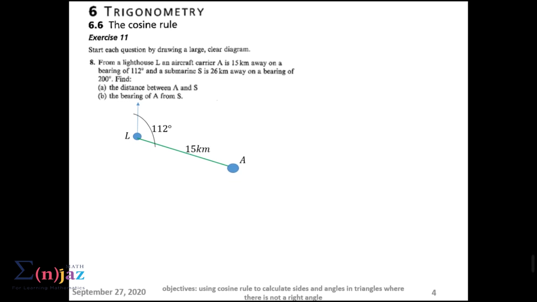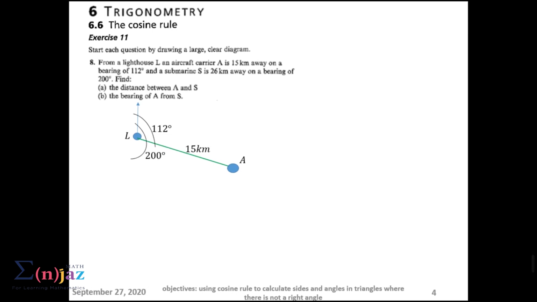All bearings are going to be measured from the lighthouse. If we continue with the question, a submarine is 26 kilometers away from the lighthouse on a bearing of 200 degrees. So we measure from the north and clockwise the 200 degrees.